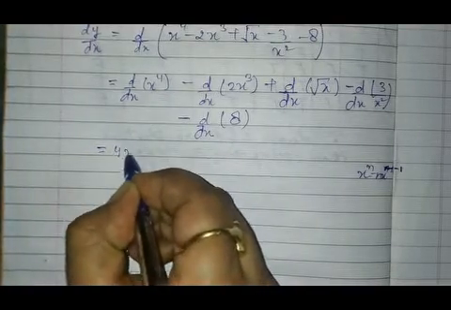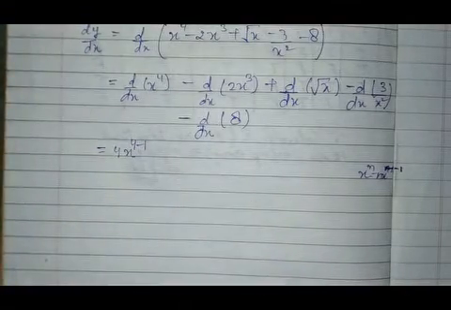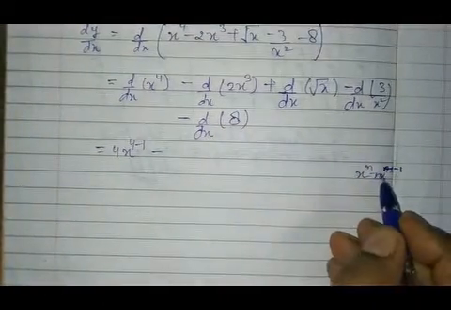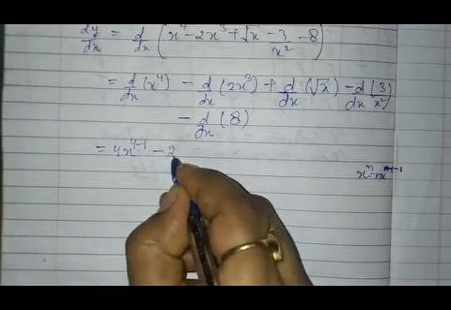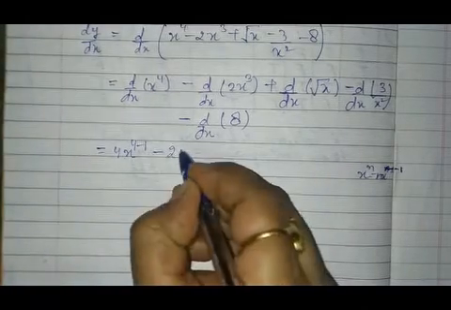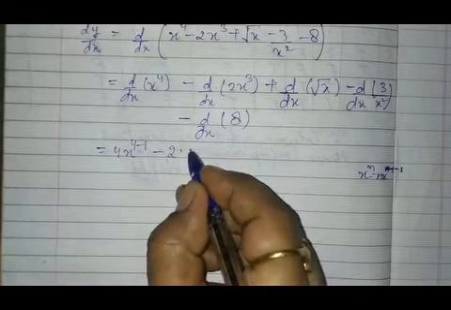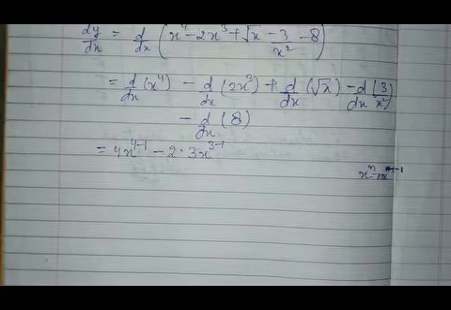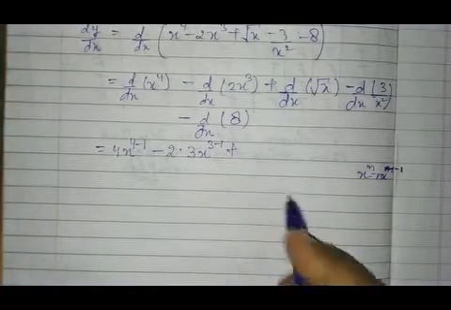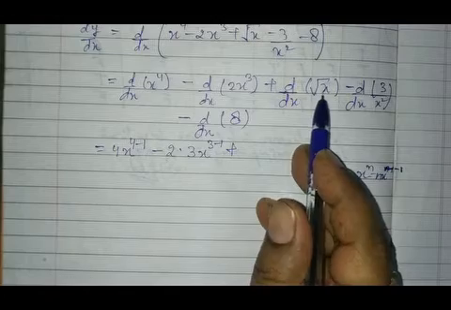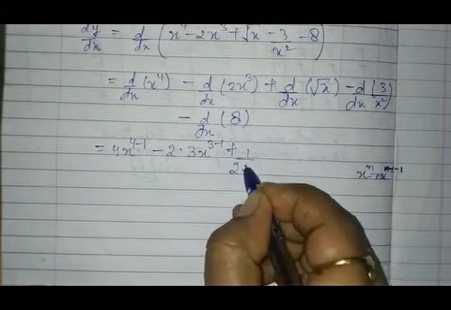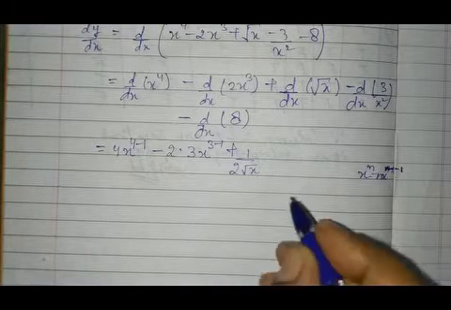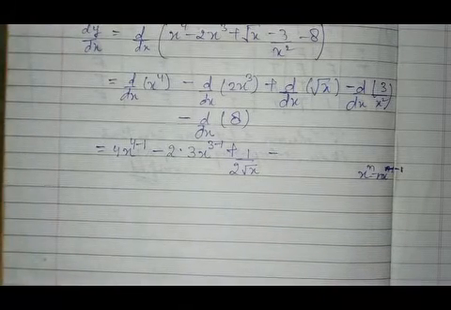So 4 x raised to 4 minus 1. Then minus, the same formula we apply here also. 2 is the coefficient, we write 2 into x raised to 3. So n is 3, x raised to 3 minus 1. Understood? Plus, the formula for the derivative of root x is 1 upon 2 root x. This we can directly write by using the formula. Minus 3 upon x square.